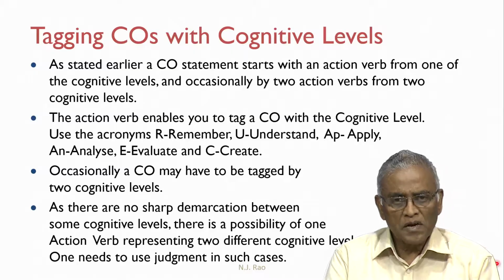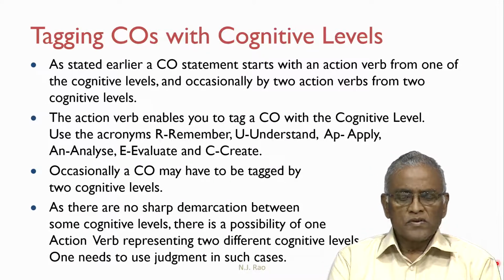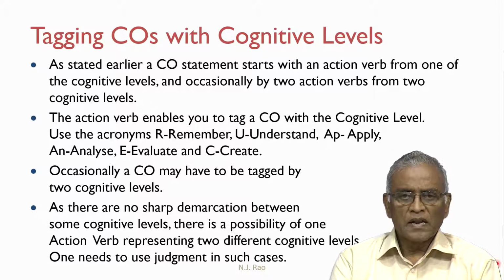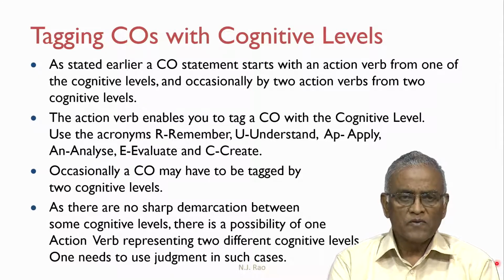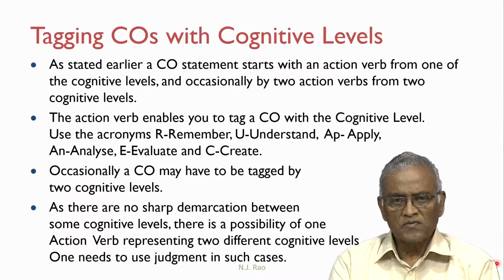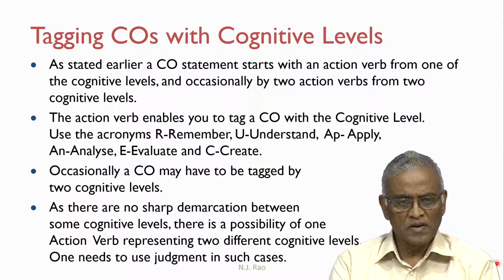Now we come to the cognitive level. As we stated earlier, we always start a CO statement with an action verb, and an action verb comes from one of the cognitive levels, and we said occasionally two action verbs from two different cognitive levels.